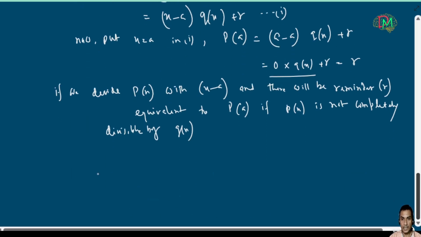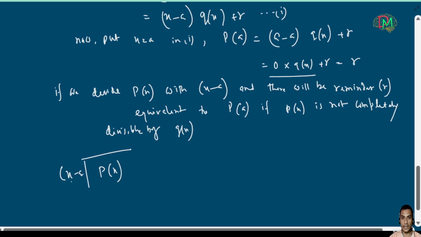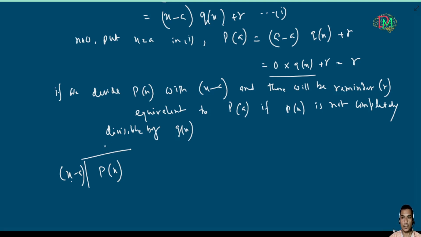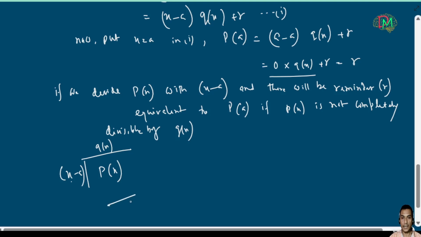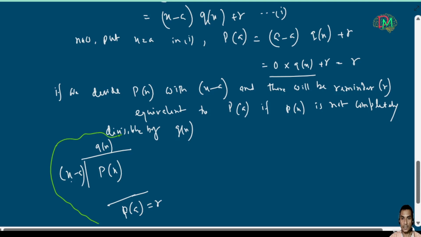If we divide P(x) by G(x), here already G(x) is defined as x minus a, we get Q(x) as the quotient, and the remainder will be P(a). Clear? This is the concept. Here the remainder will be P(a). This is something we can apply as a shortcut.